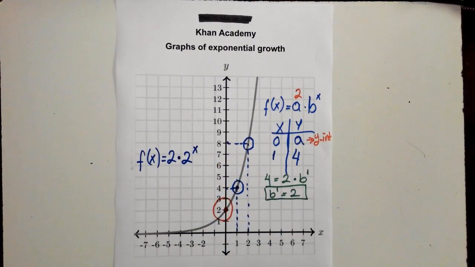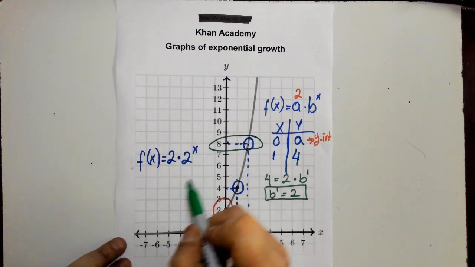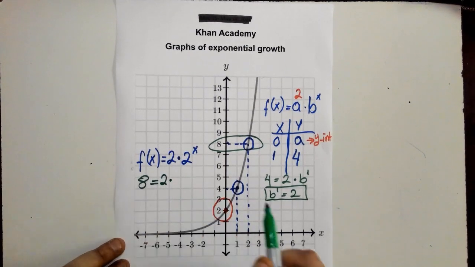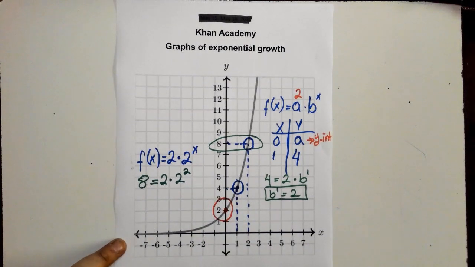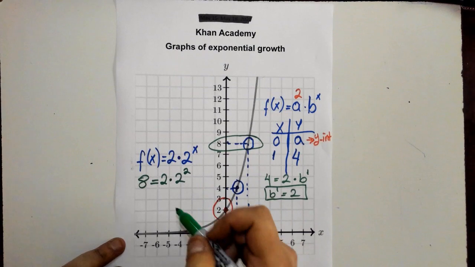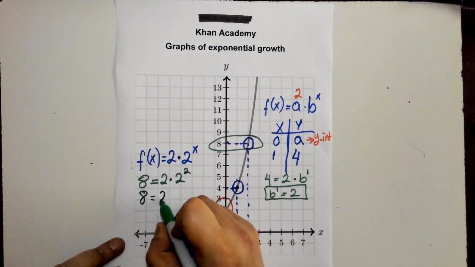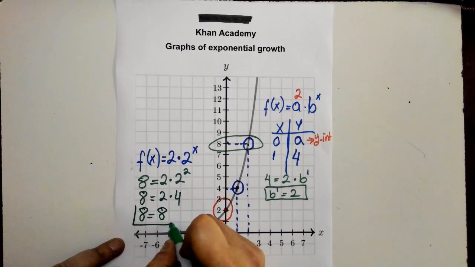Let's see if it works with the 2 as well. Well, when y is 8, 2 times 2 to the second power. If this is a correct statement, I'm on the money. I got my b value correct. So if I do this, 8 equals 2 times 4, 8 equals 8.